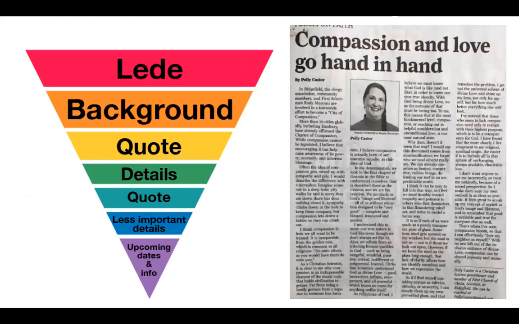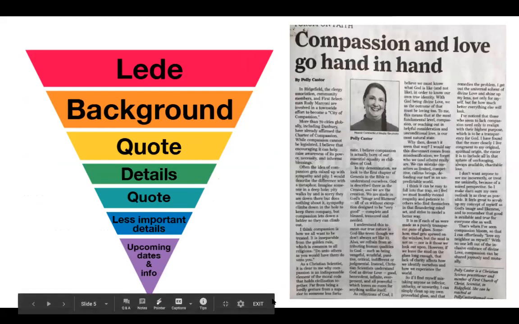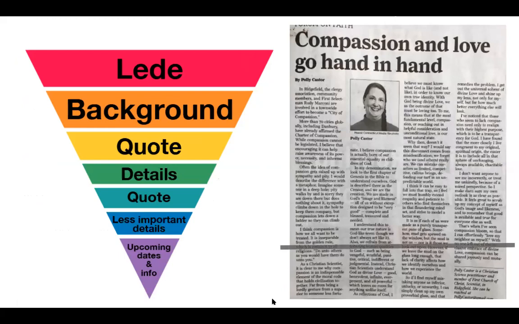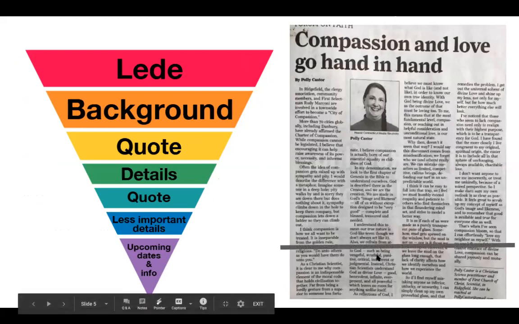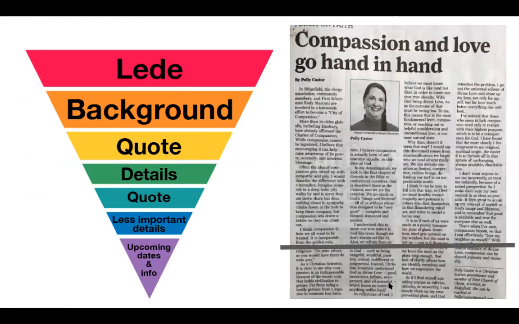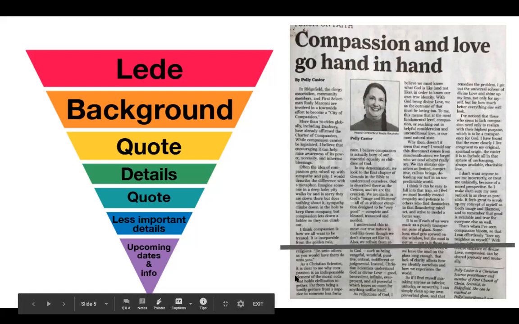So if we take a look on the right here, we have a story that is in a newspaper. It is 1, 2, 3, 4 columns and probably about 5 inches in length. So if we, as an editor, need to use this space right here for a 4-column, 1-inch ad, which is sometimes very possible in newspaper, it happens a lot, you are going to have to shorten your feature story.